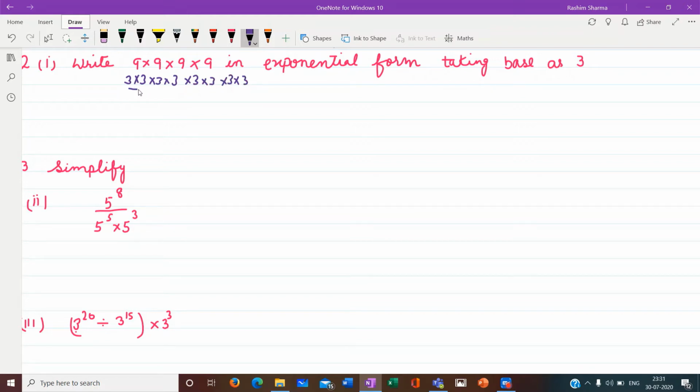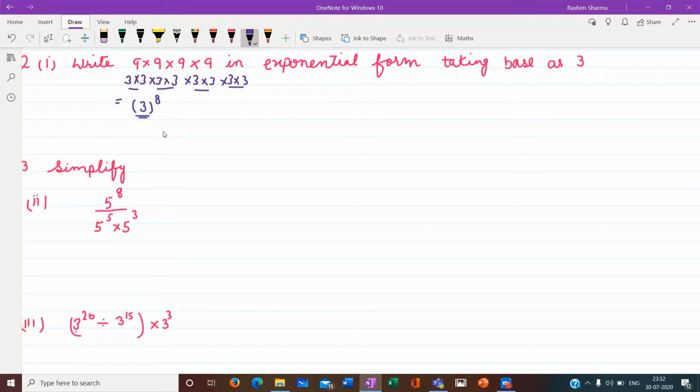So we can see here we have written 3 8 times. So we can write it as 3 raised to power 8. So here we have taken base 3, and when we expand 9 it comes here 8 times. So here 3 raised to power 8 is the answer.